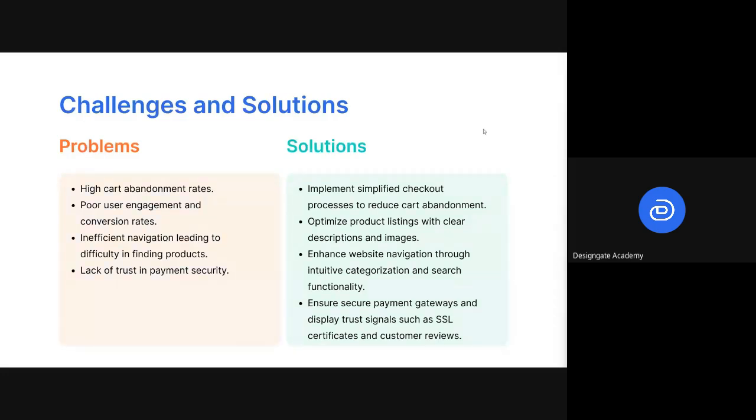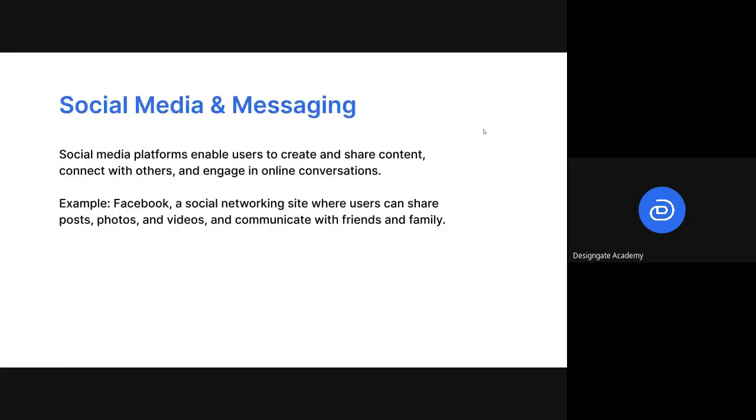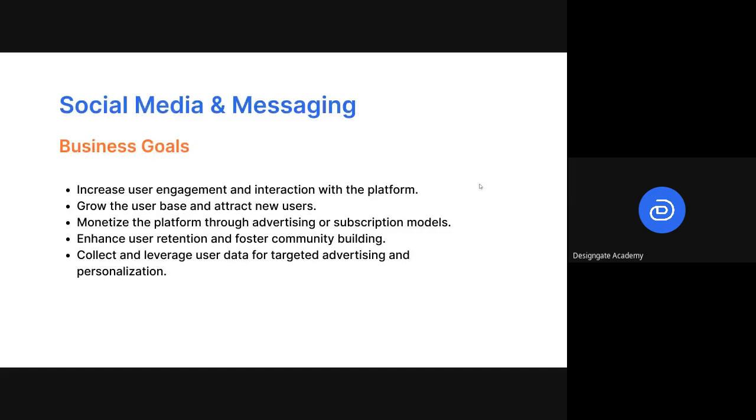Okay. Let's take a look at the next type of business we have. We have different types of products. We have social media and messaging. Now, social media platforms enable users to create and share content with others and engage in online conversation. An example is Facebook. Now, what are some of the business goals of most social media products?